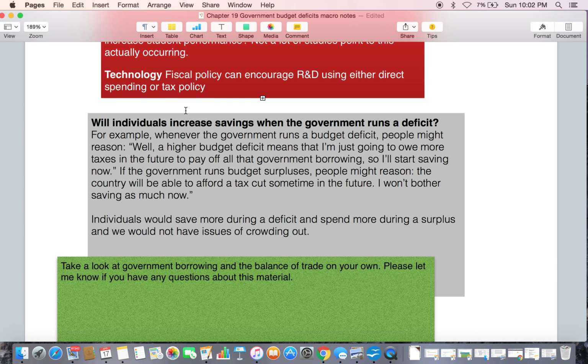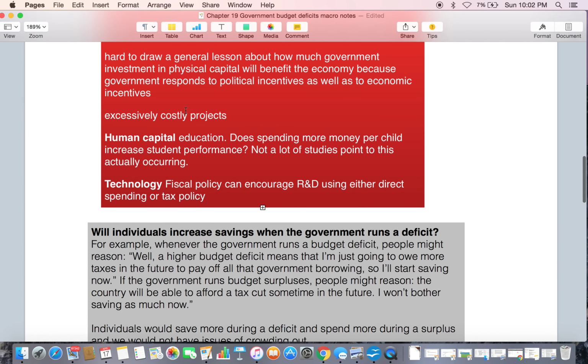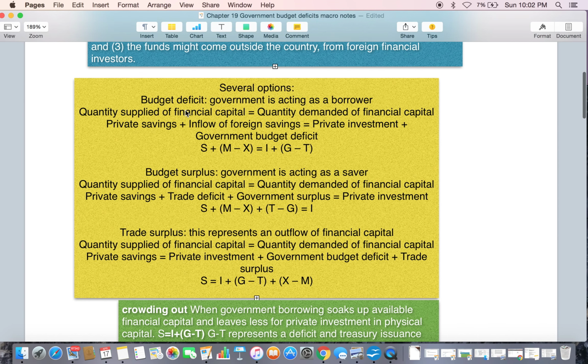Now, something really important to think about is that when we have a budget deficit, if you look at our identity, here is a good example, this one where we have the budget deficit. We see our savings, and in this case we also have a trade surplus, so we're receiving an inflow of foreign financial capital.